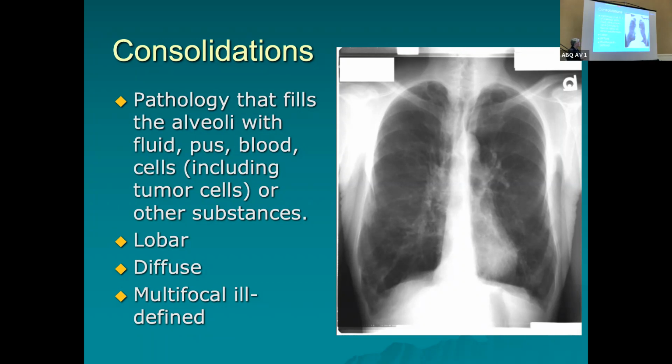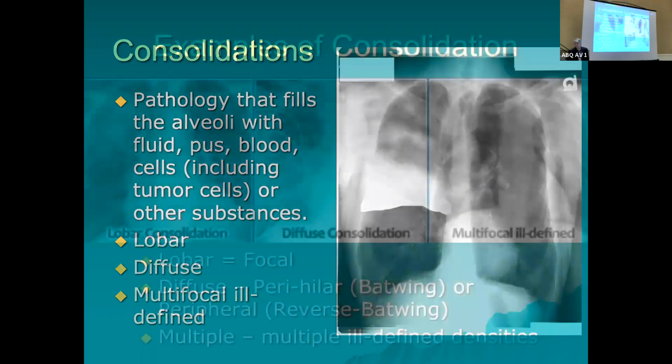Now, when we look at it, we want to ask: is it lobar, is it diffuse, or is it multifocal and ill-defined? Here's what a lobar one looks like right here, especially if I've got a defined area that clearly marks off. That tells me I'm dealing with something in a single lobe, okay? Looking up here, it starts to diffuse, but this is still probably part of the same lobe.